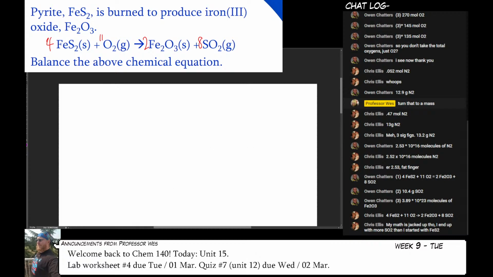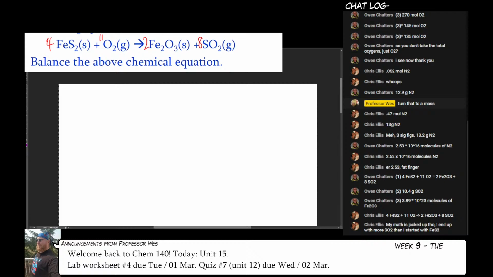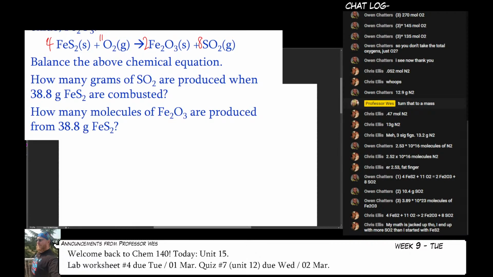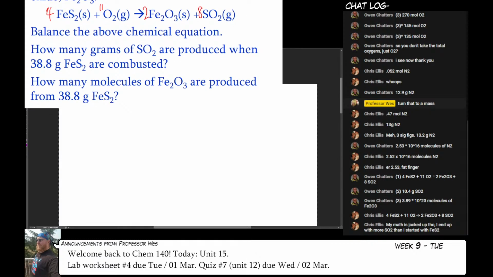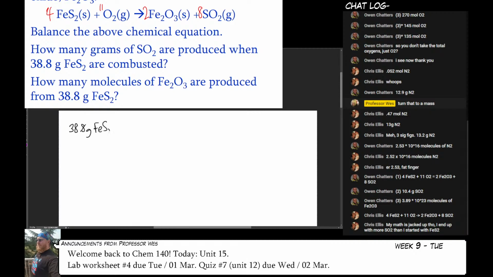All right, so for the first problem, we've balanced the equation. How many grams of SO2 are produced from 38.8 grams FeS2?